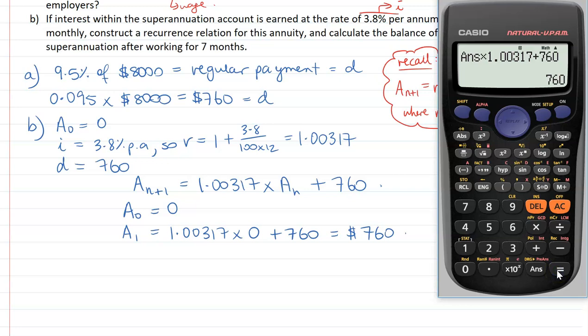So you can see that gave us our first month, second month, third, fourth, fifth, sixth, 7th month. And that will be the balance in the account after 7 months.